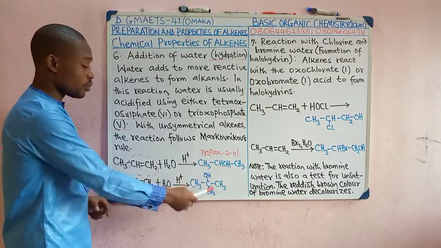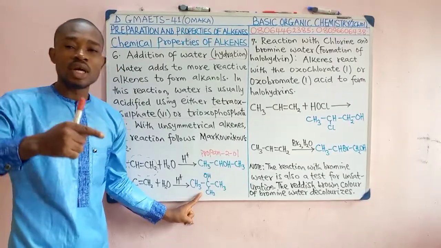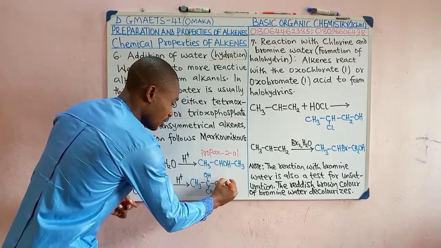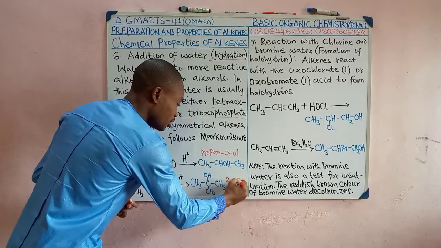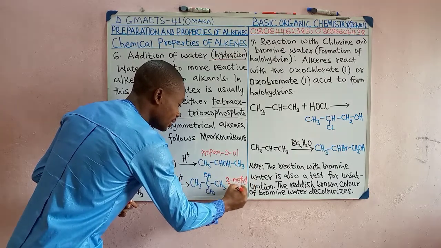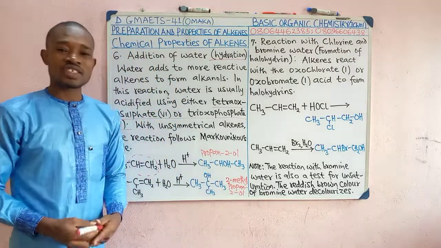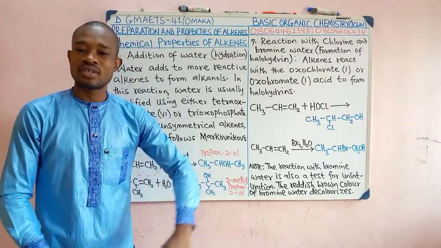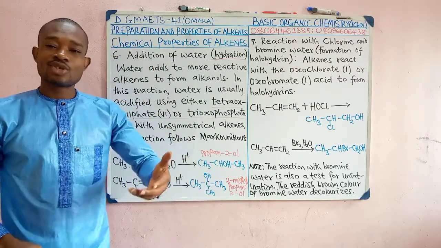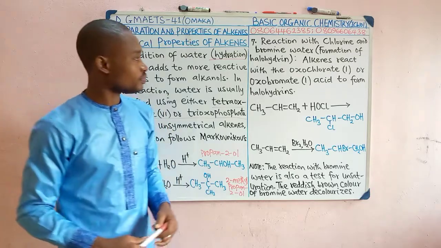Of course, the double bond will break to a single bond, and this compound known as 2-methylpropan-2-ol is formed. It's a tertiary alkanol. So once again, take note that this addition of water to alkenes is a convenient method for preparing alkanols as well.